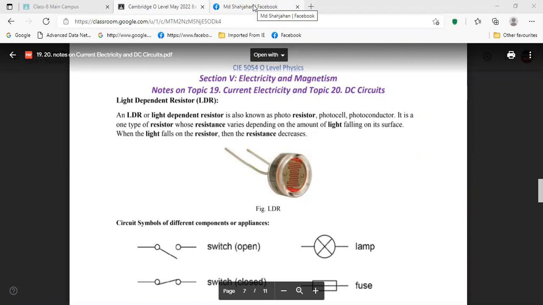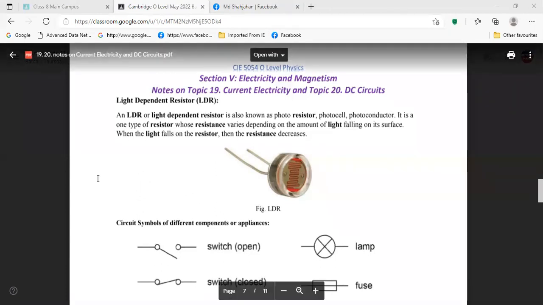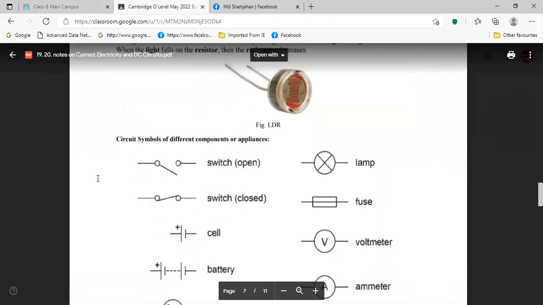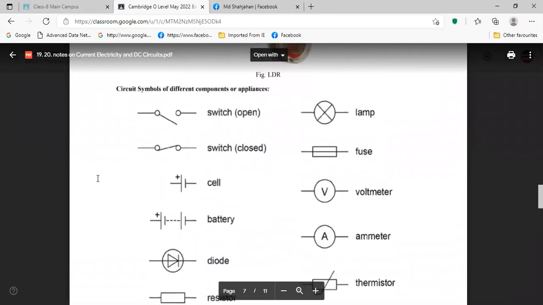We use light dependent resistor in street lamps, right? Then intruder alarms. In our last class, if you go through the recording, you will get it. We discussed it. So where do we use light dependent resistor? Road lamps. Then intruder alarm, right? Yes, sir. So we are starting now.